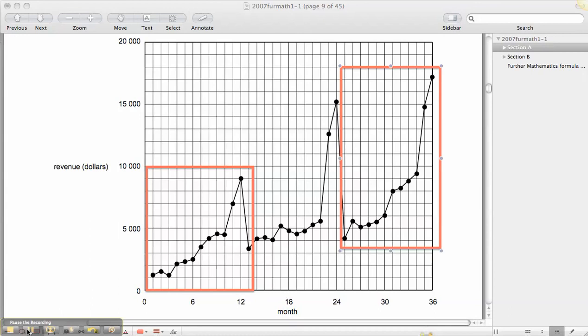Remember, when you've got an even number of values, the middle is going to be between 2 values. So in this case, it's between 6 and 7. So your x-coordinate is going to be 6.5, and for your upper median, your x-coordinate is going to be 30.5, which is halfway between 30 and 31.